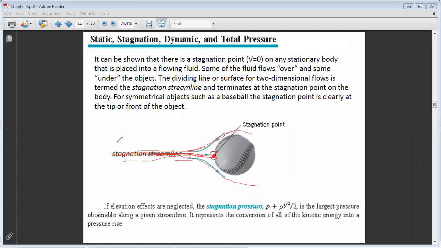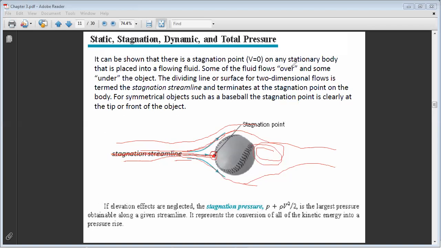So you can draw a series of streamlines, and as we have seen before, beyond your object you will have what is called a wake region, because of the separation of flow. Some of the fluid will flow over and some under this object.